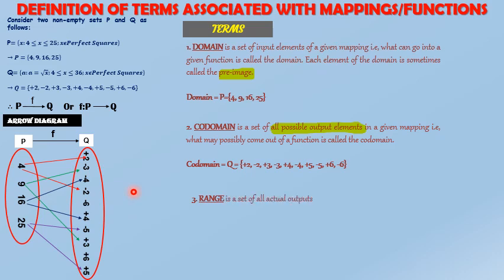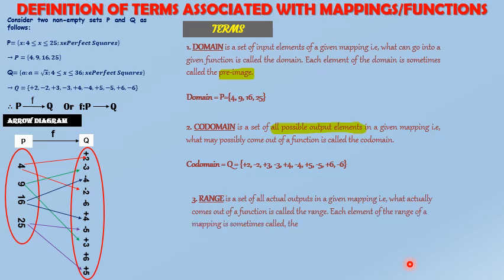This is another term. Range is a set of all actual outputs in a given mapping. That is, what actually comes out of a function is called the range. Each element of the range of a given mapping is sometimes called the image. Now look at this.